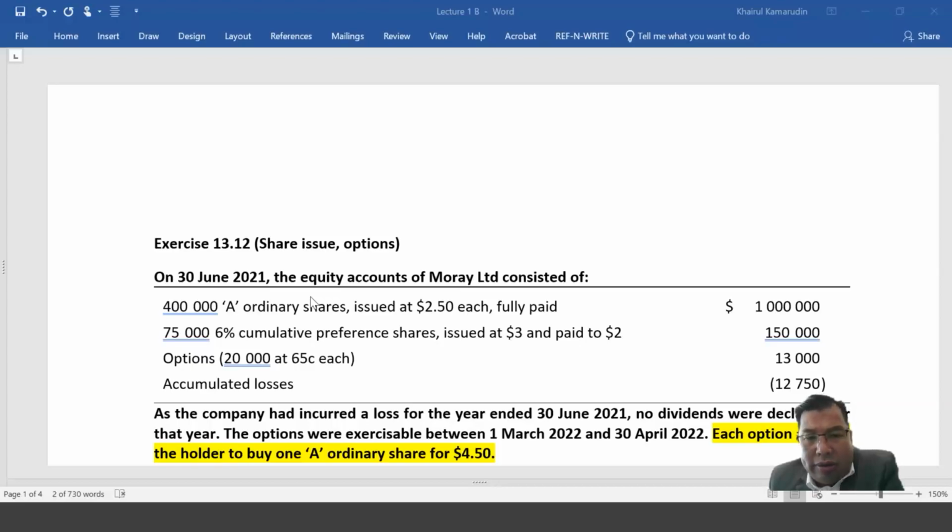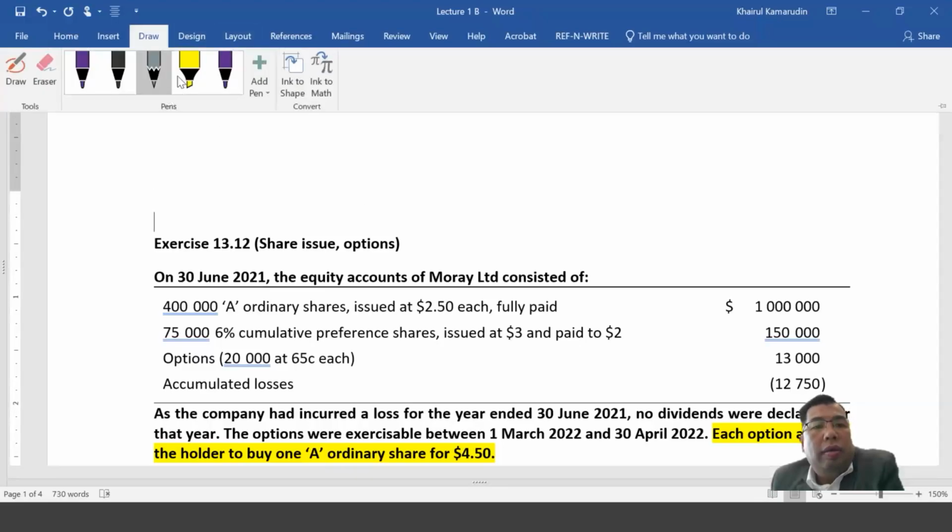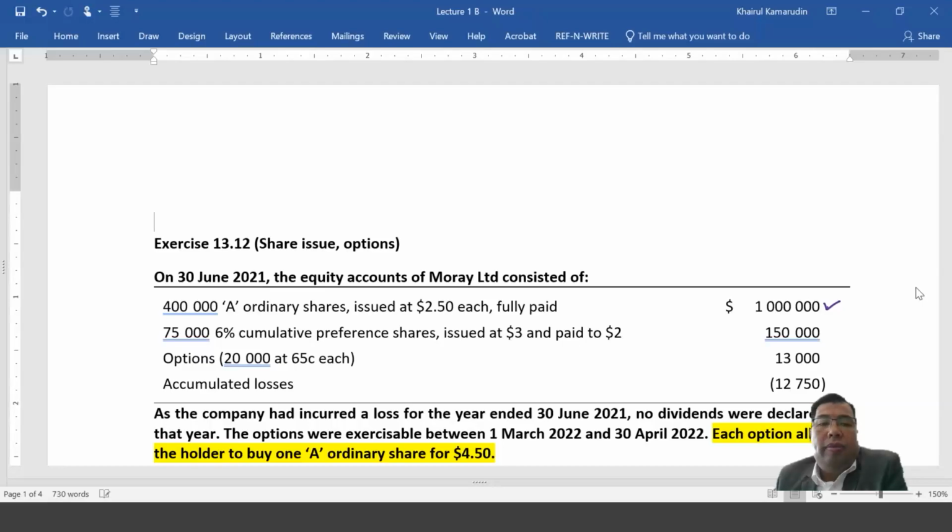So 400,000 multiplied by 250, the value over here is 1 million.